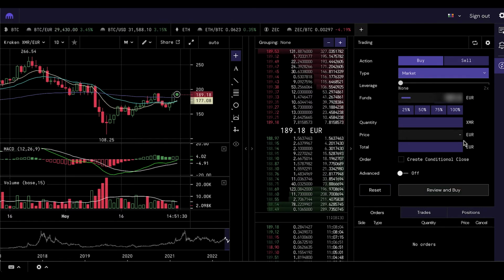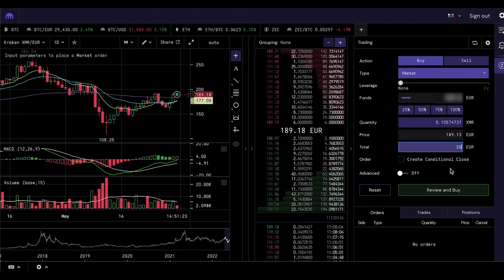Alternatively, I can input the euro amount I want to spend, and the trading platform will automatically calculate the amount of Monero I can buy with the euro amount I've inputted. And once I'm done with inputting the amount I want to buy, I can just go down and press review and buy.